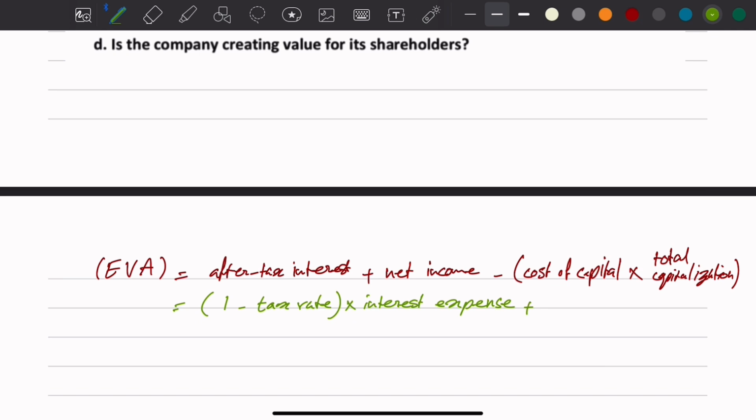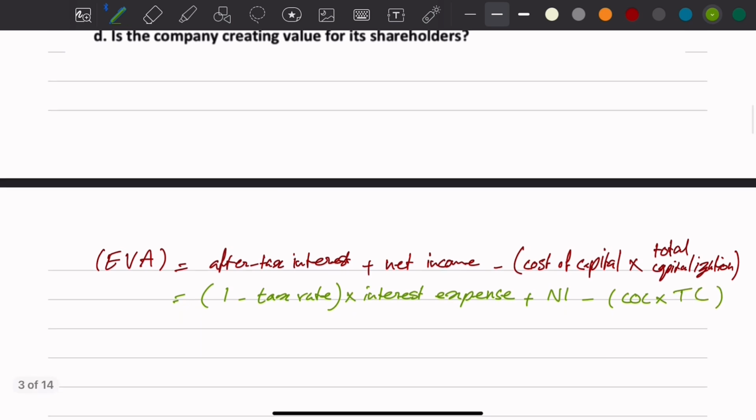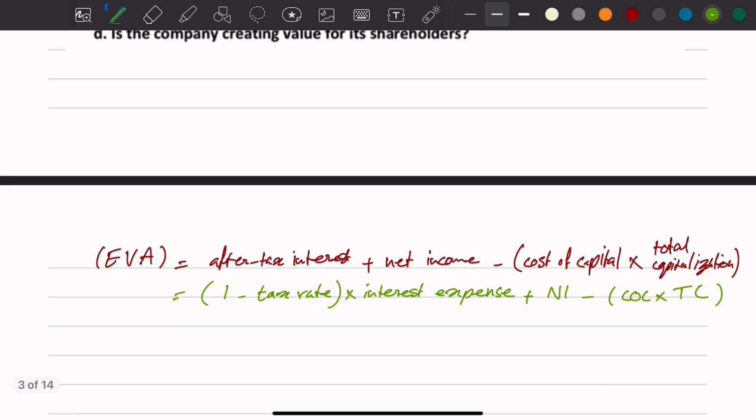Then we add net income, and then we deduct cost of capital multiplied by total capitalization, written in abbreviations just to make sure we have enough space. Then let's go on and find our numbers.